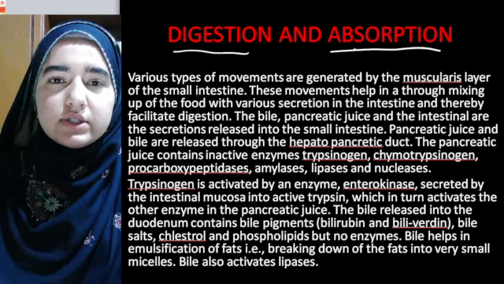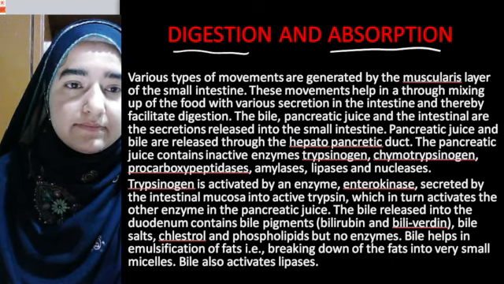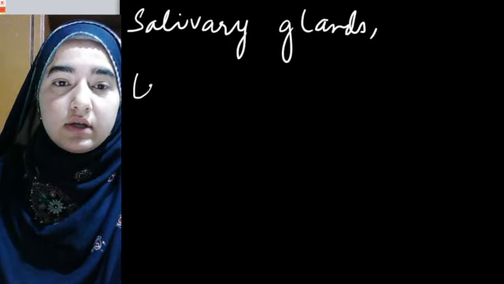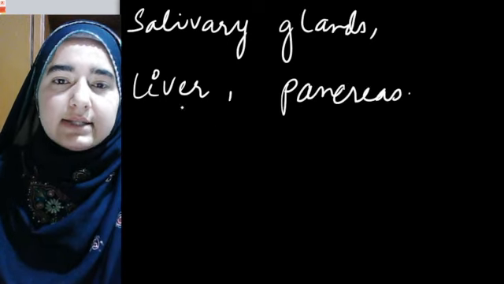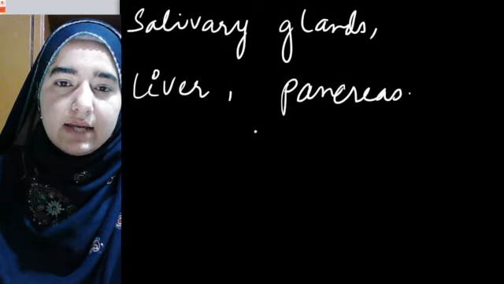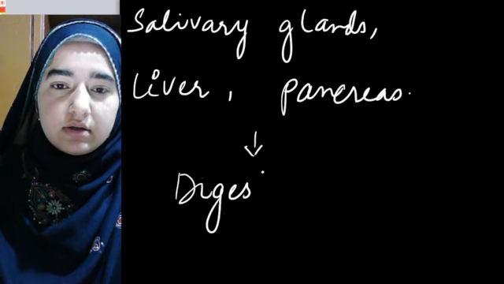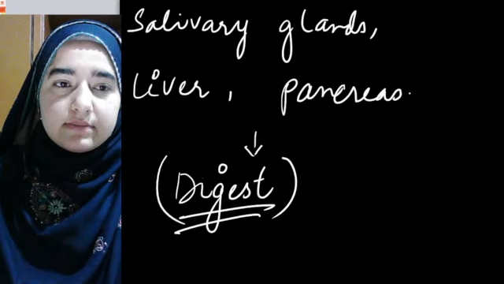In our previous video, we saw the different digestive glands inside our body: we have salivary glands, liver, and pancreas, which act as different glands inside our body whose ultimate goal is to digest the food products. They help in digestion. I hope this concept is clear.